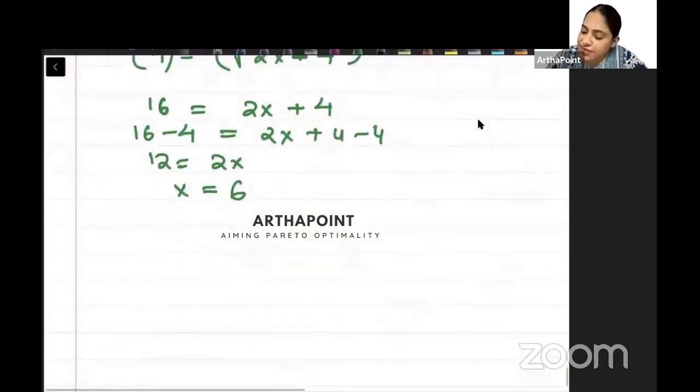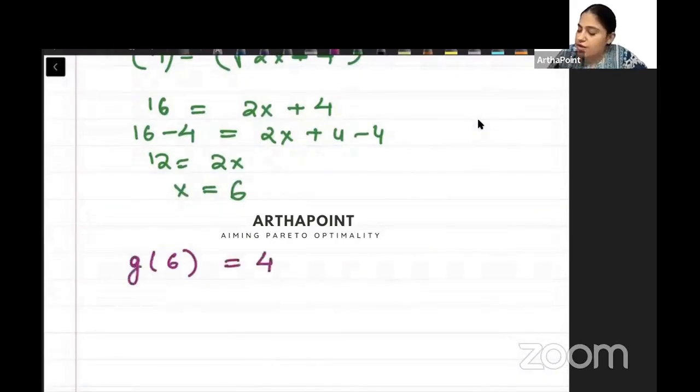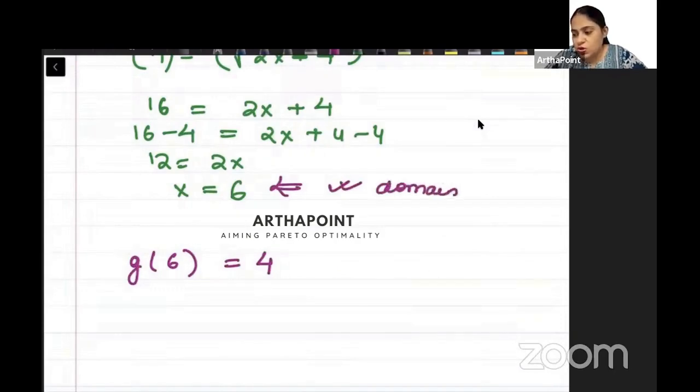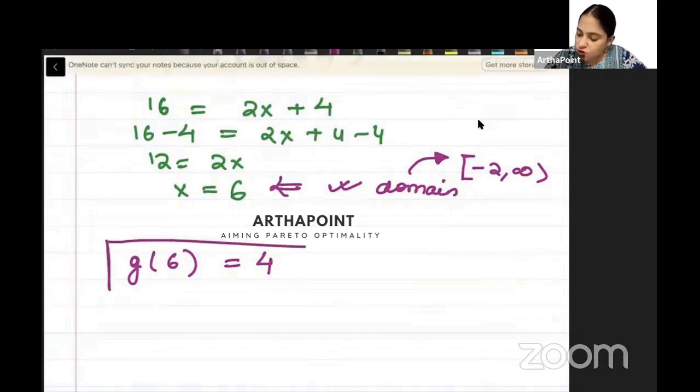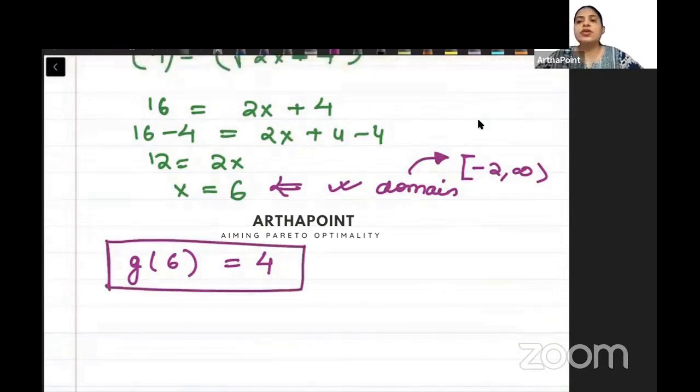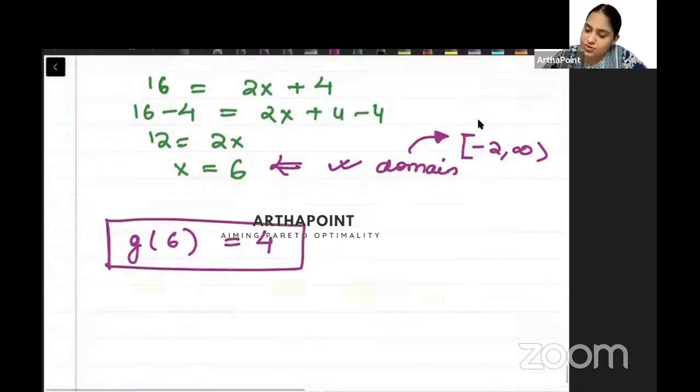That means that whenever you put x as 6, the answer you will get is 4. X equal to 6 is in the domain बच्चे, क्योंकि domain था -2 से infinity. So x equal to 6 is in the domain, है ना? So therefore 4 is also in the range, कि जब x 6 होगा, when x will be 6, so it's like this.